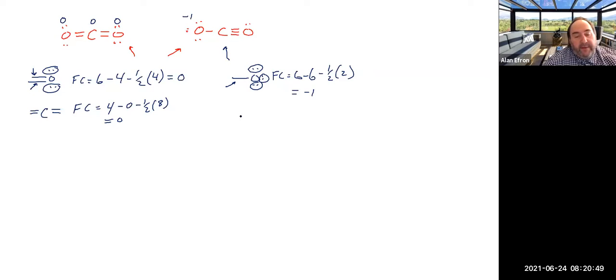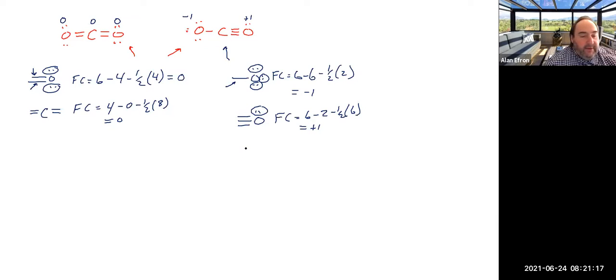Our triple bonded oxygen, we don't see that too often. The formal charge is 6 minus 2 minus 1/2 of our 3 lines, which would be 6 electrons. That's 6 minus 2, which is 4, minus 1/2 of 6, which is 3. So that looks like a +1 happening here.